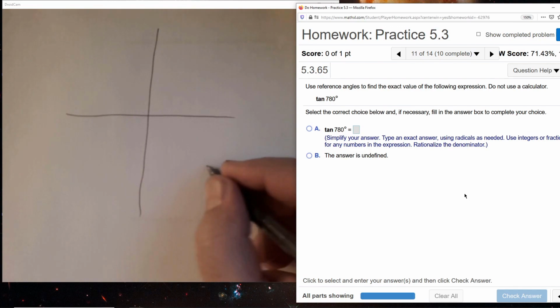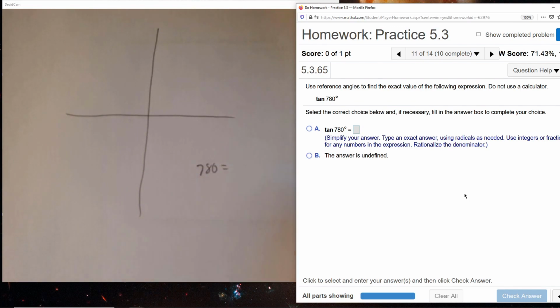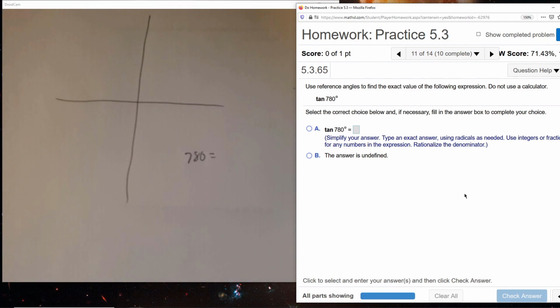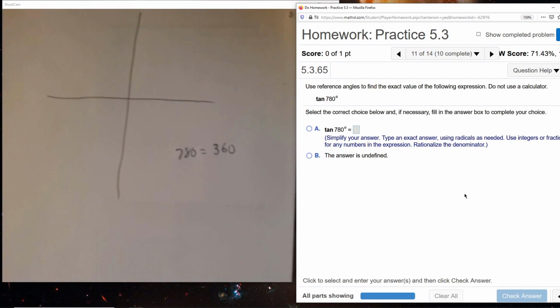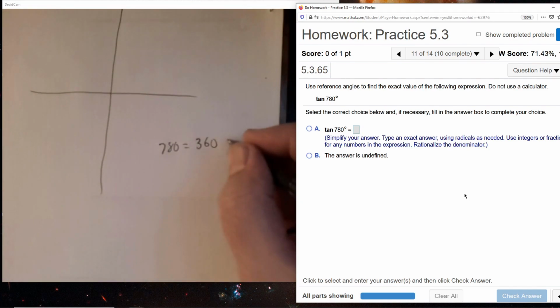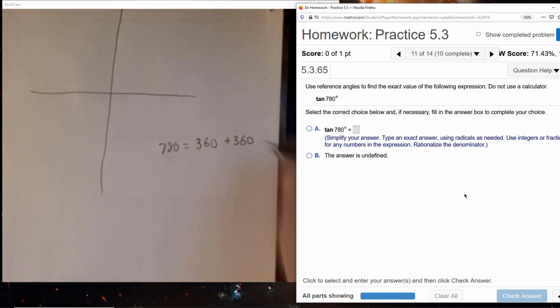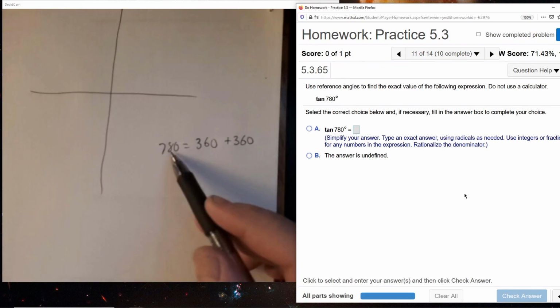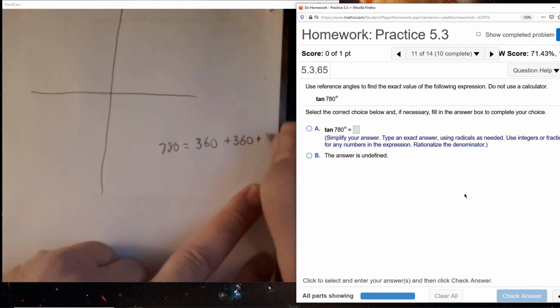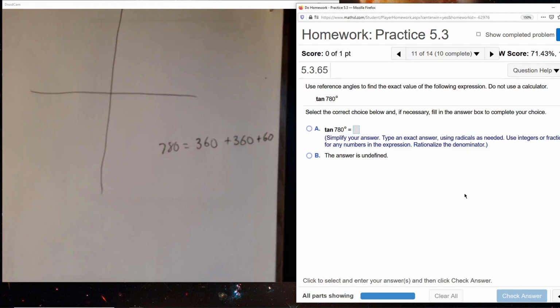And you want to think in terms of 360. You want to think in terms of revolutions. How many revolutions are here? So we can see there's definitely at least one revolution, and there's actually two, because 360 plus 360 is 720. 720 means we would have 60 more to go.